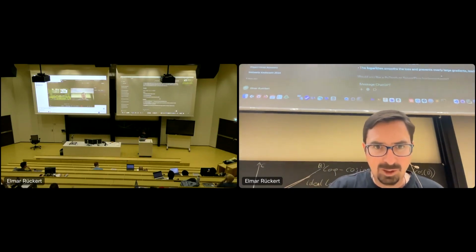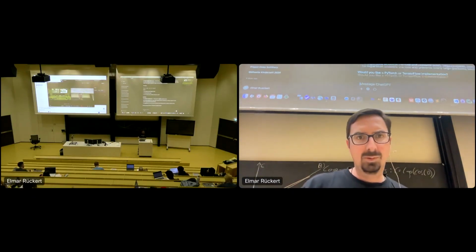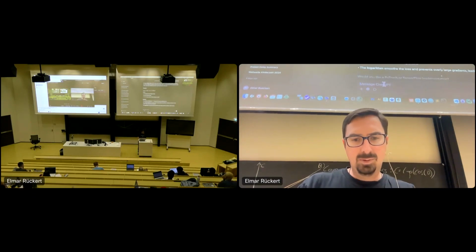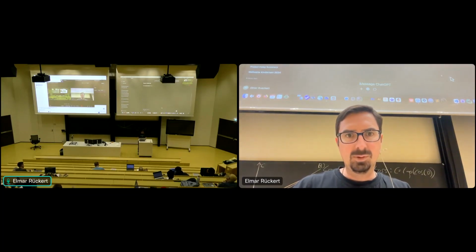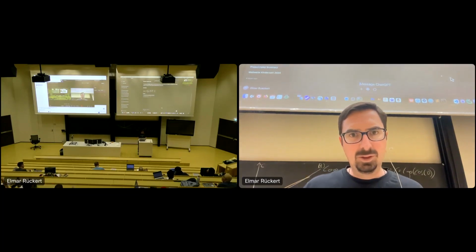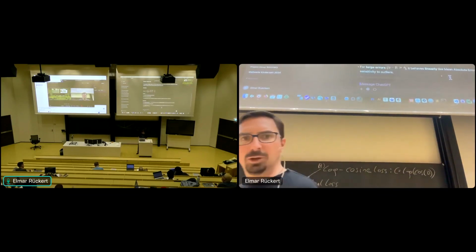So the log cosine loss is not using the cosinus hyperbolicus. Have a look here. Define the pseudo-Huber loss. So here you see the pseudo-Huber loss.